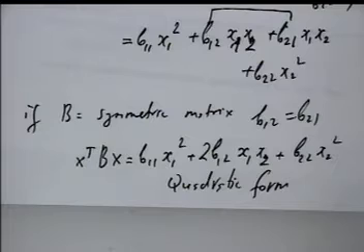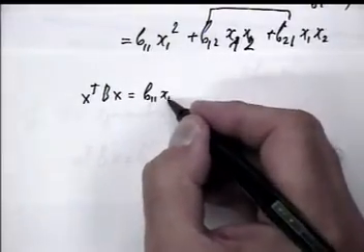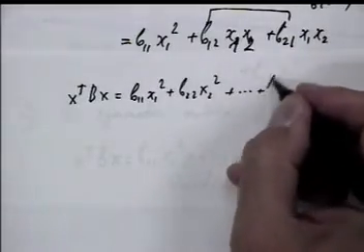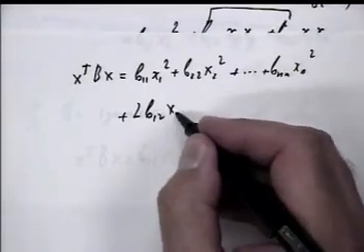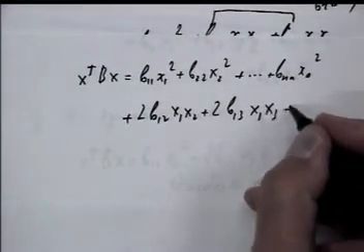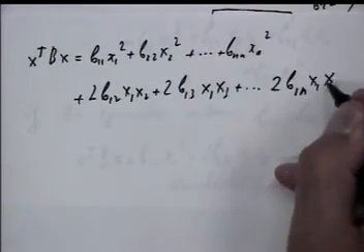So what does it contain? It contains b11 times x1 squared, b22 times x2 squared. Let me write it down. In the general case, x transpose Bx equals b11 x1 squared plus b22 x2 squared plus etc., bnn xn squared. Then 2 times b12 x1 x2 plus 2 times b13 x1 x3 plus 2 times b1n x1 xn.